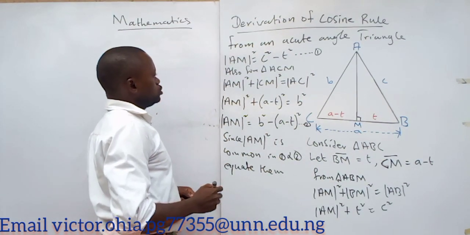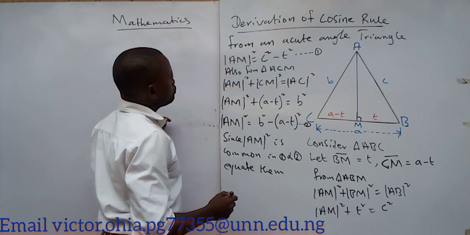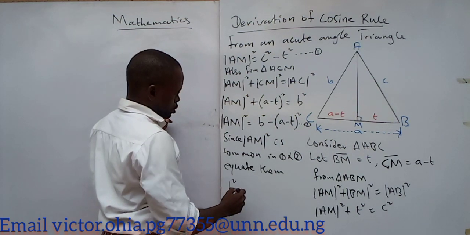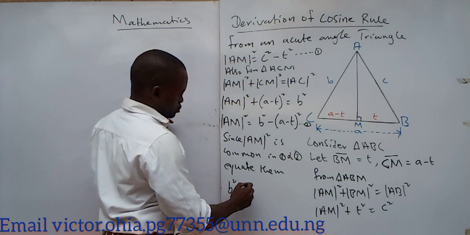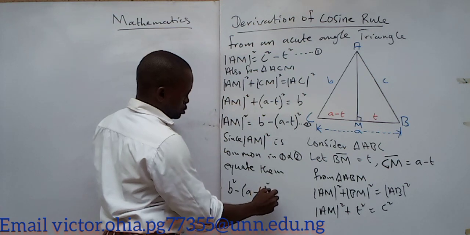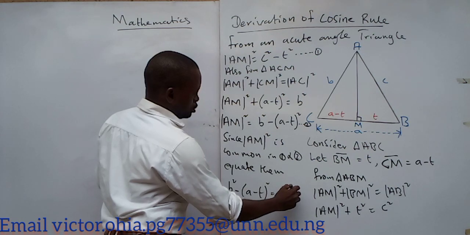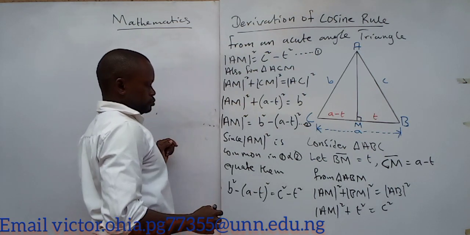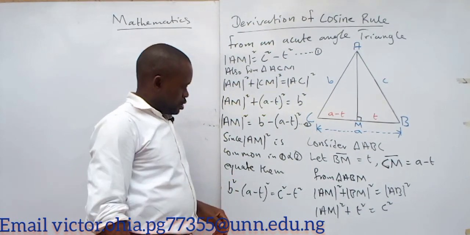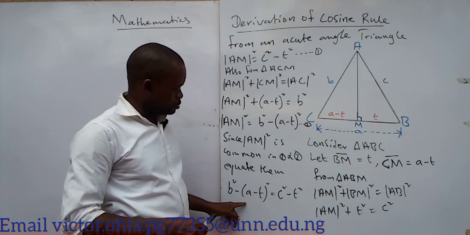Obviously I am going to have B squared minus (A minus T) squared equals C squared minus T squared. Does that make sense? Now the next thing is we have to expand this place.